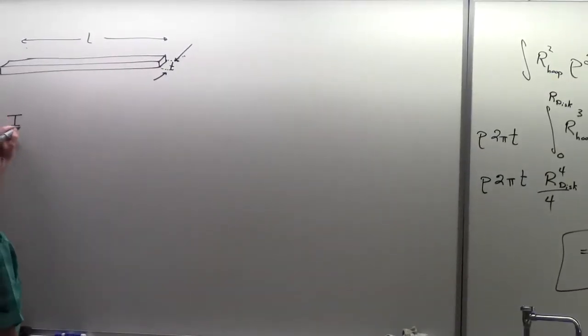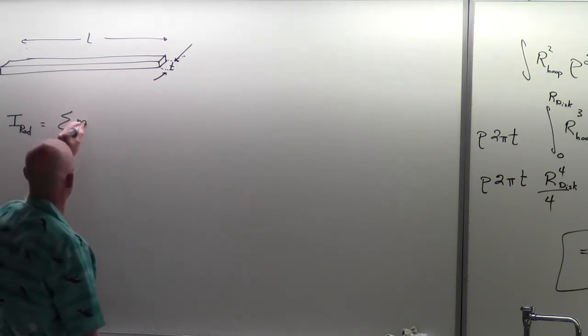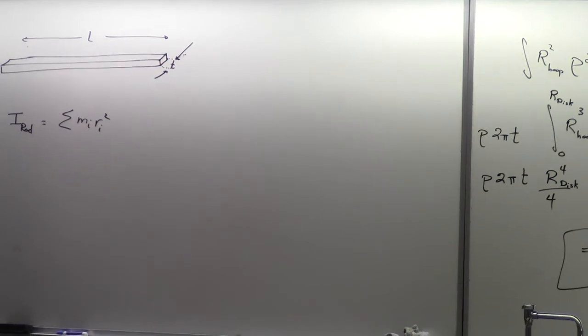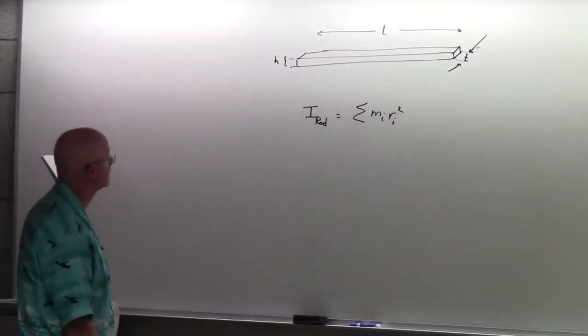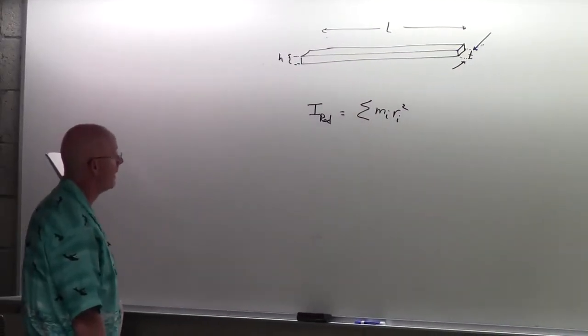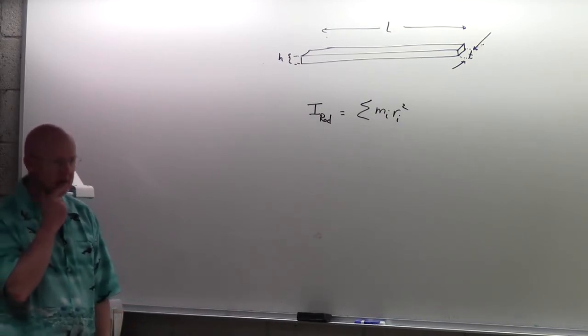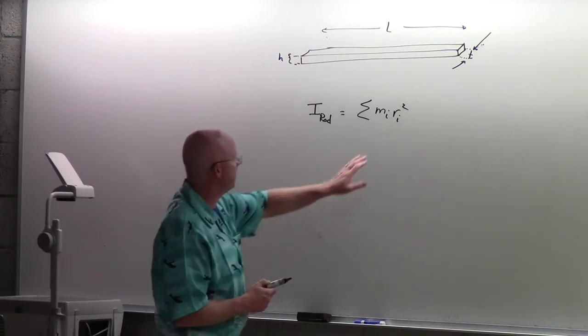What is the I for a rod? Could we add them all together? Wouldn't it be a sum of m_i r_i squared? Now there's something about this rod I want to make sure you really see here. What does this R mean in the summation again?